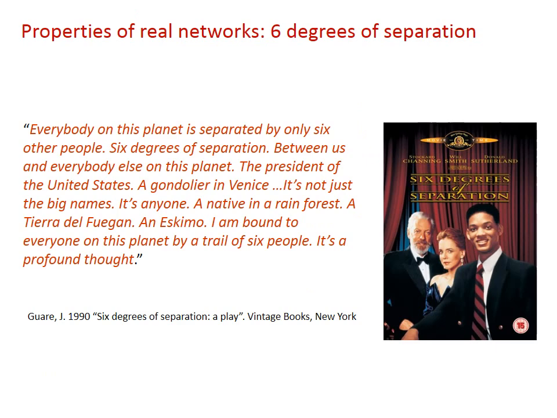In a theater play by John Guare called Six Degrees of Separation, which is also a movie, one of the sentences is that everybody on this planet is separated by only six other people, meaning you need four people in between the two extremes in order to send some information between A and B, if A and B are the extremes of that network.